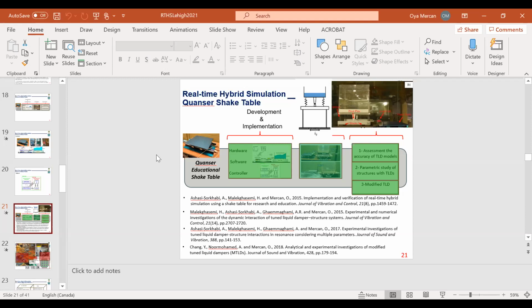What they have also concluded, one interesting conclusion, is that the selection of integration algorithm depends on the nonlinearity of the analytical substructure. Several integration algorithms that are typically used, especially explicit ones, did not perform very well when the numerical substructure was highly nonlinear using OpenSees.